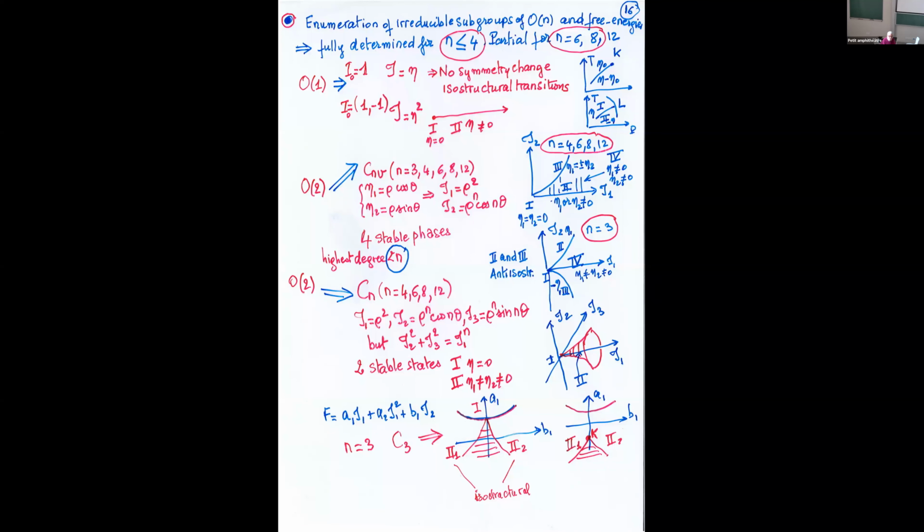Like for example, C5 is not in the list because it cannot appear as an image. No, but C5, you don't have 5-fold rotation. Exactly, that's what I was wondering. Yes, so there is some extra information, you need to be consistent with crystallography. Okay.